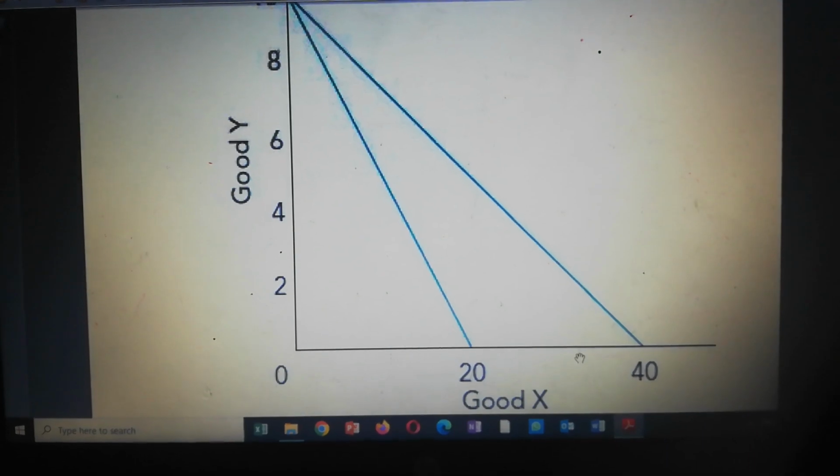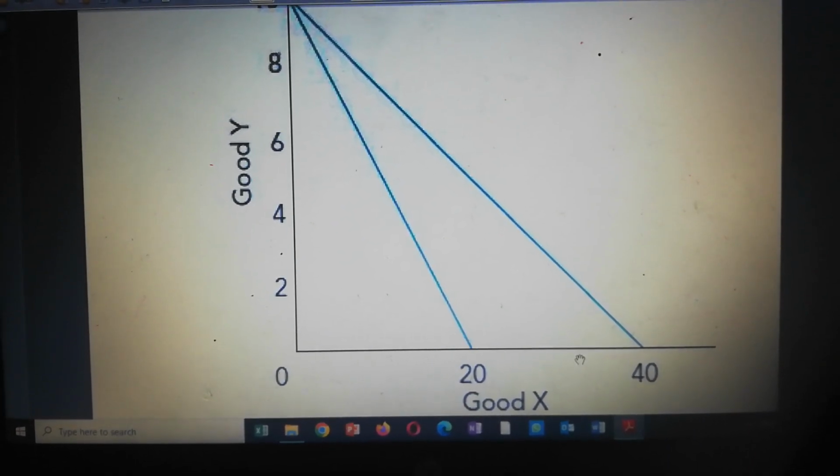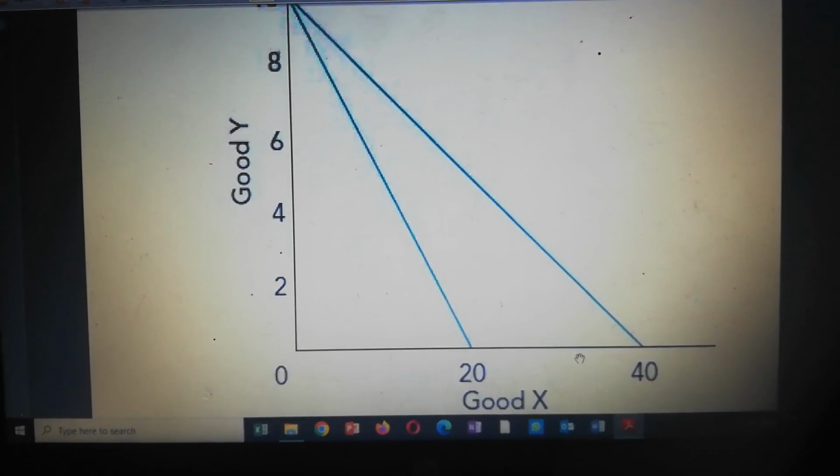So you need to know that whenever a budget line shifts, it's because of either the income effect or the substitution effect.